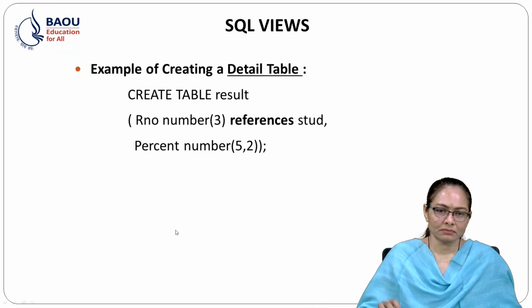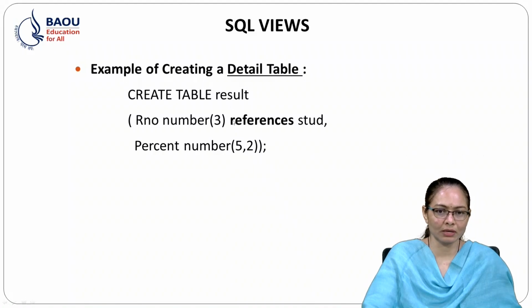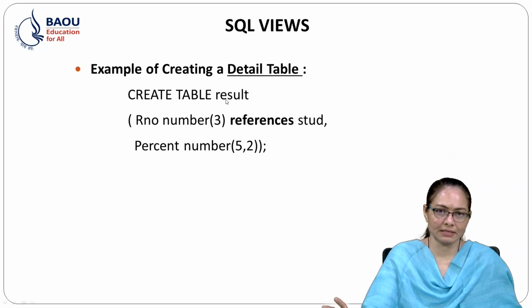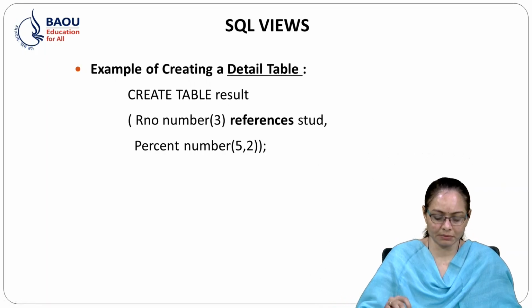Now creating the detail table, that is result. In the result table, roll number references the student table. So the result table is related to the student table.